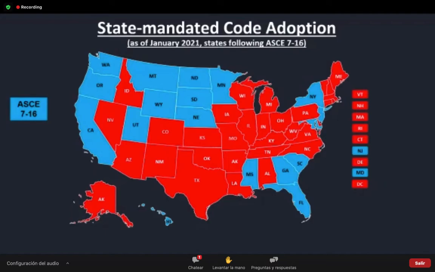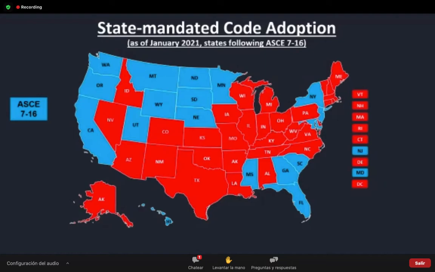So you have to be aware of your local code to know if those places have adopted ASCE 7-16 or not. So for example, in Texas, I heard Houston has adopted ASCE 7-16, but as you can see, the state of Texas has not because they don't have a state code.